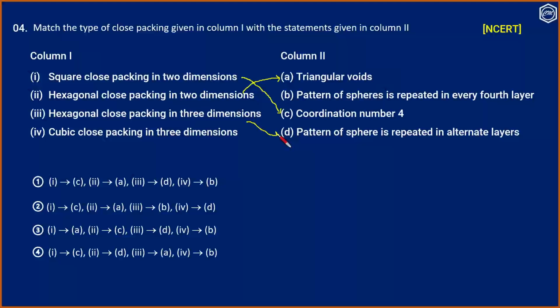So 3 can be connected to D. Then cubic close packing in 3 dimensions. Pattern of spheres is repeated in every 4th layer, that is ABCA. So 4 to B. So the correct option may be option 1.